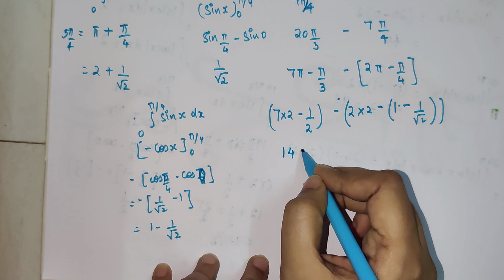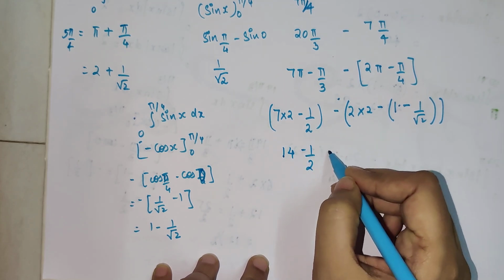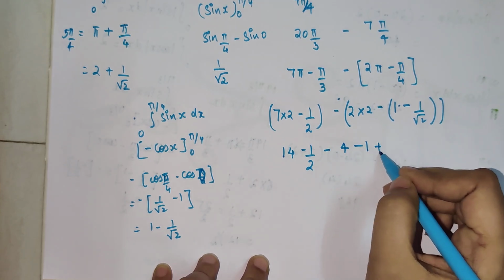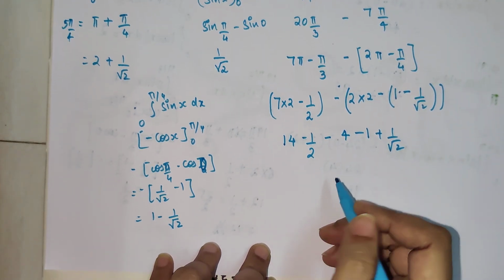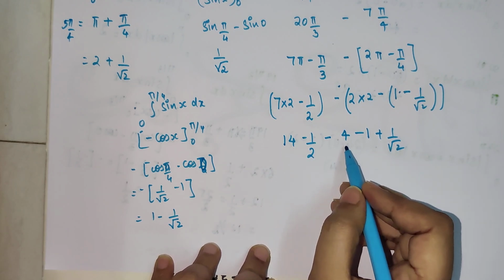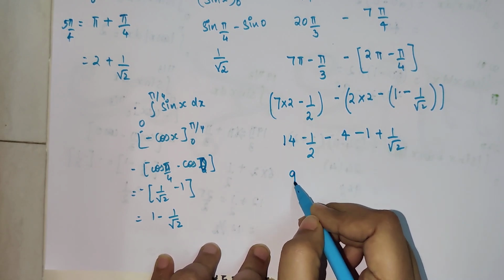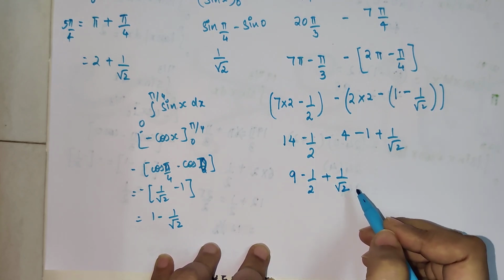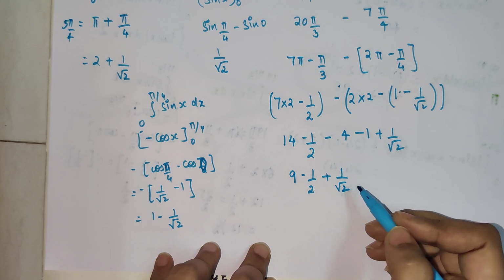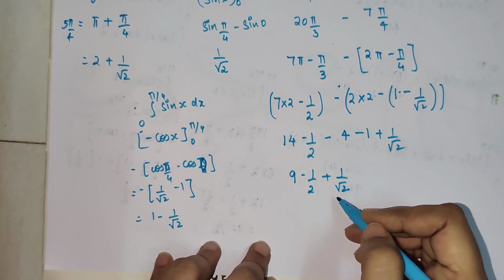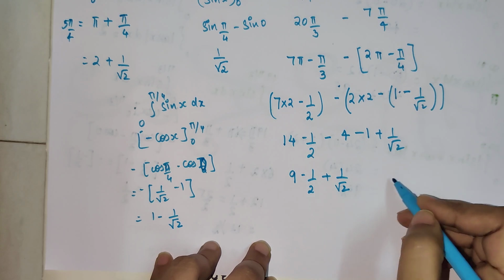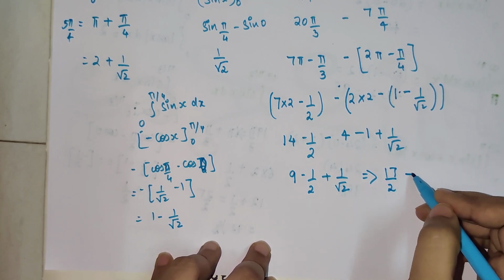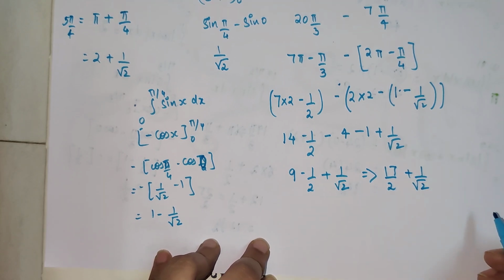So 14 minus 1 by 2 minus 4 minus 1 plus 1 by root 2. So 14 minus 4 is 10, 10 minus 1 is 9, minus 1 by 2 plus 1 by root 2. So this is coming out to be 18 minus 1, which is 17 by 2 plus 1 by root 2.